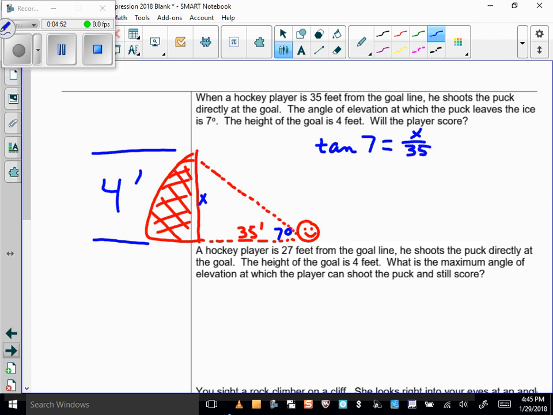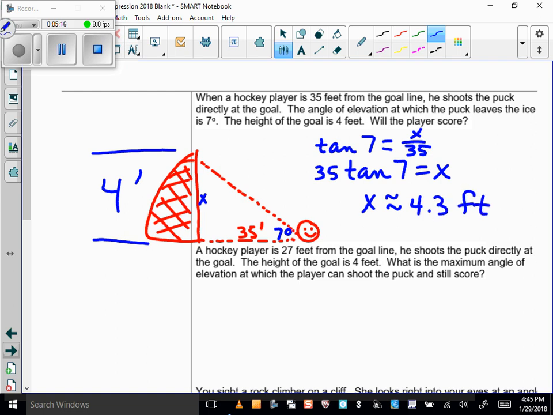I could do the tangent of X equals 4 over 35, and then I'd find out what his angle needs to be, but oops, then I would spoil my next problem. So let's do it this way. I'm going to cross multiply: 35 times the tangent of 7 equals x. And when I punch that into my calculator, I get that x is about 4.3 feet.